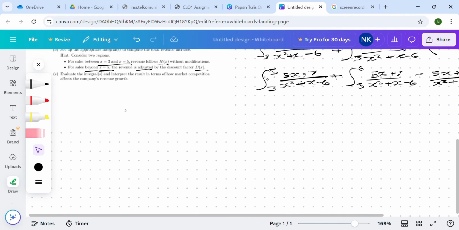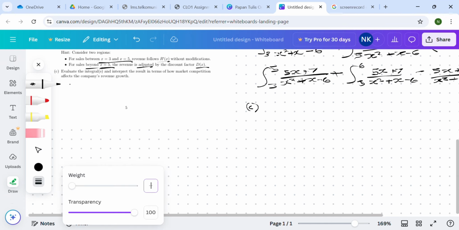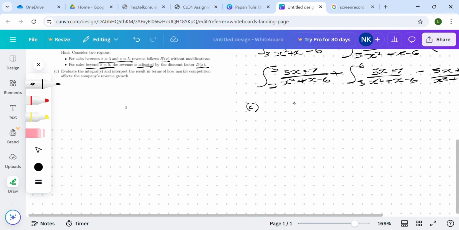Now we're going to solve part C: evaluate the integrals, and interpret the result in terms of how market competition affects a company's revenue. For part C, what we have to do is integrate this, but before integrating, we need to reform this part, 5x + 7.